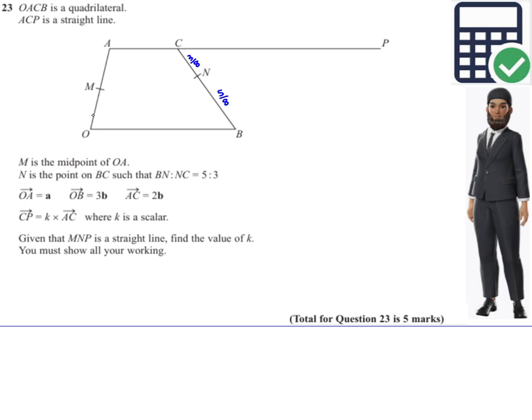Let's have a look. OA is A, so therefore it's going in this direction. I'm just going to leave this because M is the midpoint, so I'm going to leave it as half A. And then again, as M is the midpoint, this is going to work out to be half A. Let's underline the vector.